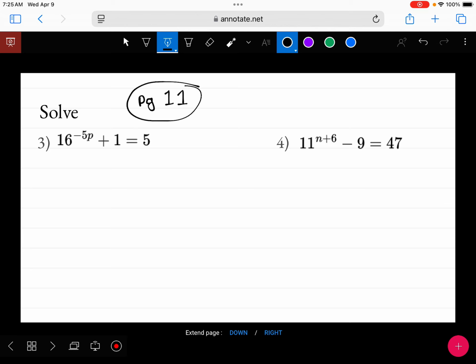So we've got here numbers 3 and 4. Number 3 has a couple of ways I can see us doing it, and we will see what the vibe is here in just a second.